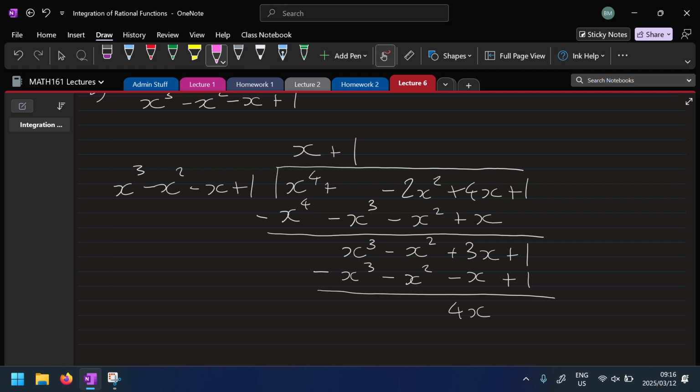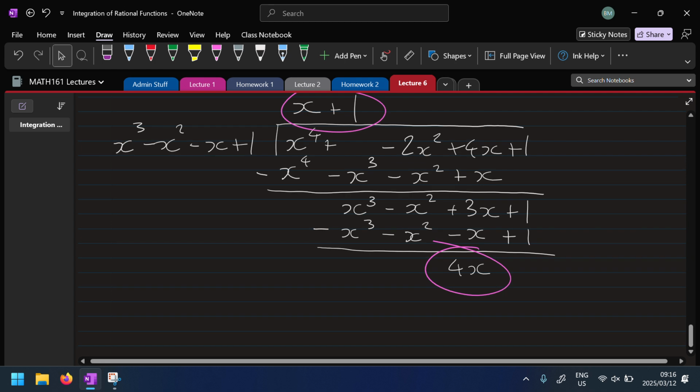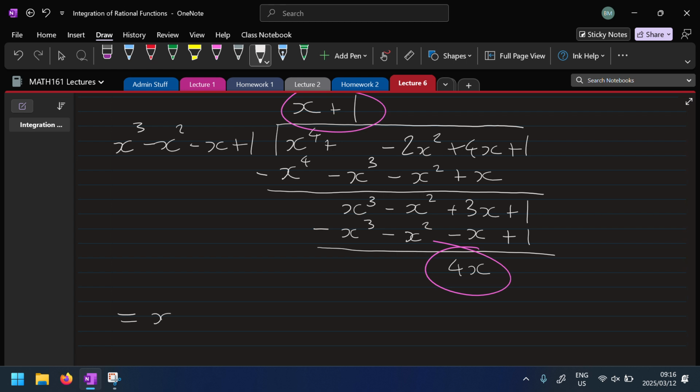So we have our whole number parts at the top, and we've got the remainder at the bottom. Okay, so this rational function is equal to x plus 1. Okay, that's our whole number parts. And then the remainder is 4x.